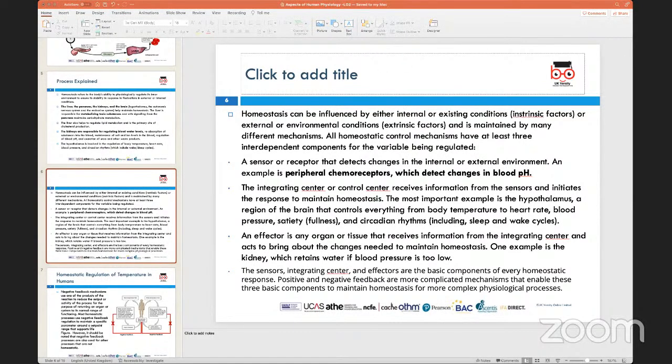So when we understand the process of homeostasis, we want to be able to differentiate what could be factors affecting the body internally and what could be factors affecting the body externally.